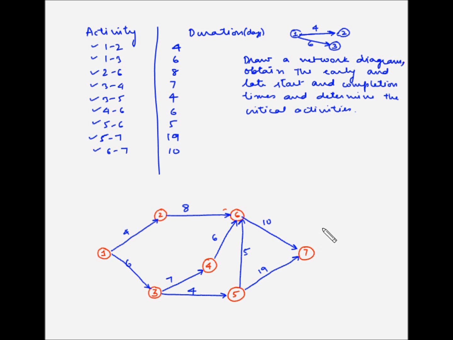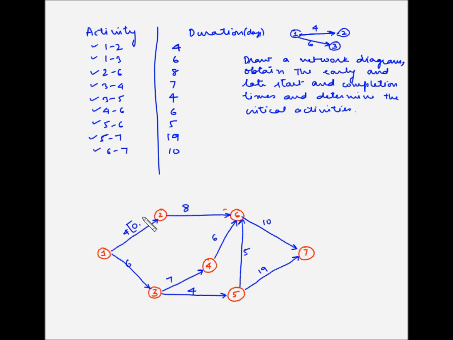So next step is to find out the early start and early finish times. So let's start doing that. So the first activity is 1-2. This doesn't have any preceding activity, so this can start at the 0th instance. So it can start at 0 and it has a duration of 4 days.